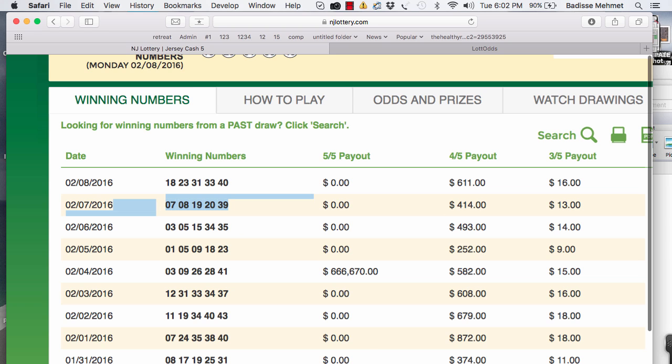Okay, so these are odd, even patterns. How many people know that there are 32 of those patterns? 32. So there are millions of numbers if you have Powerball and Mega Millions or Pick 6, right? But there are only 32 odd, even foundations that those millions of numbers sit on.